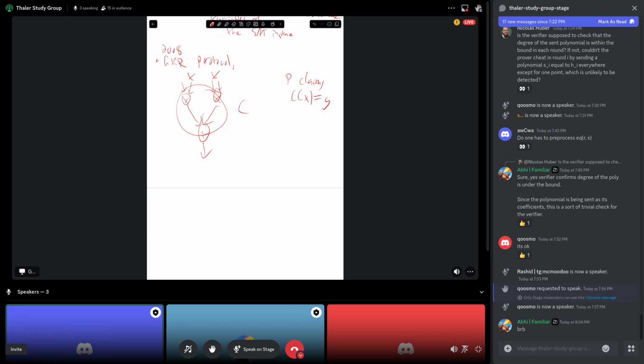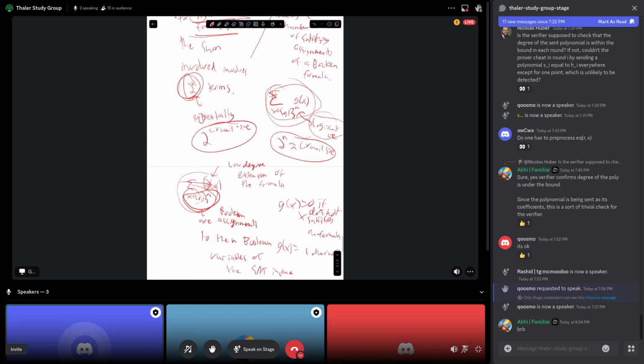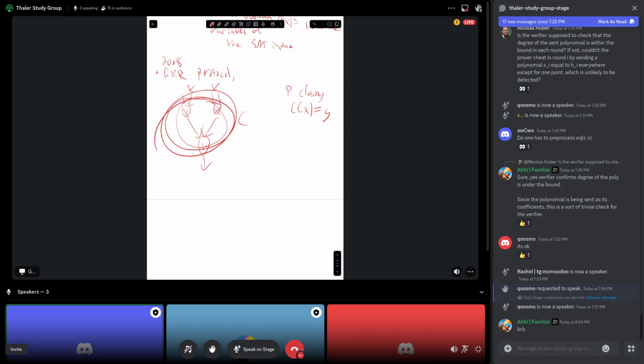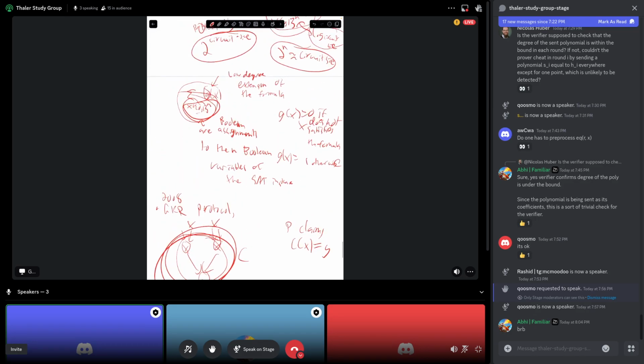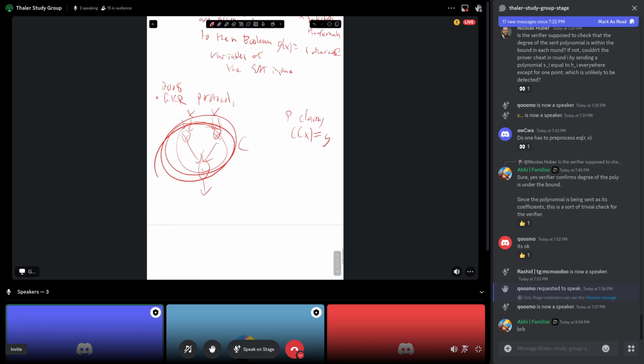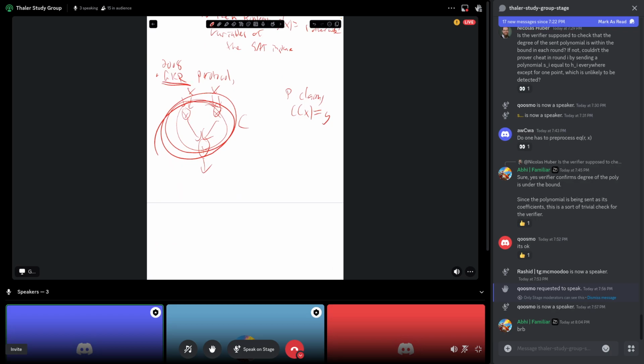The IP equals PSPACE approach would be to turn the entire circuit all at once into one big polynomial G. But the GKR approach says, well, that's no good, because then your sum is over too many terms. It's over circuit size many terms, which is too big. Anyway, I'm waving my hands here.